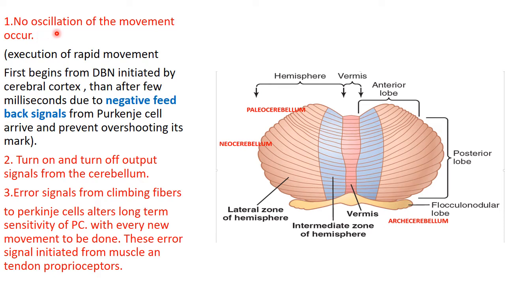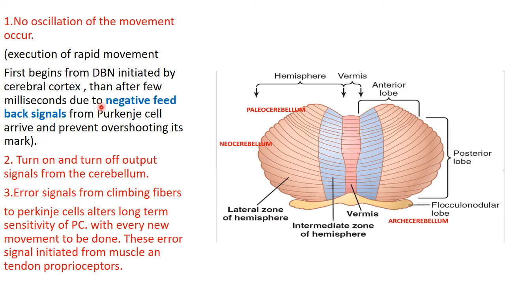There is no oscillation because first this action is initiated by the cerebral cortex. Then after a few milliseconds, due to a negative feedback mechanism, signals from Purkinje cells arrive and prevent overshooting its mark.